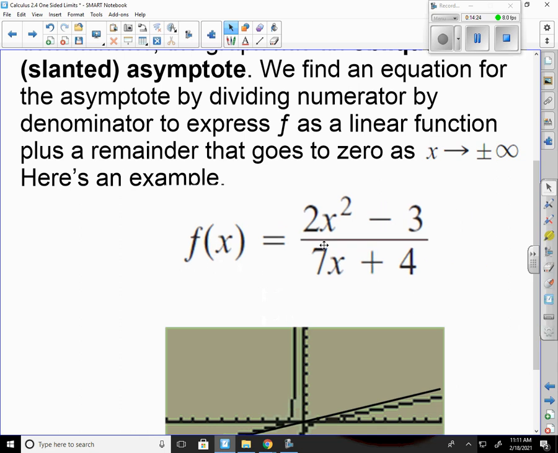So here's an example of that. I have (2x squared minus 3) over (7x plus 4).